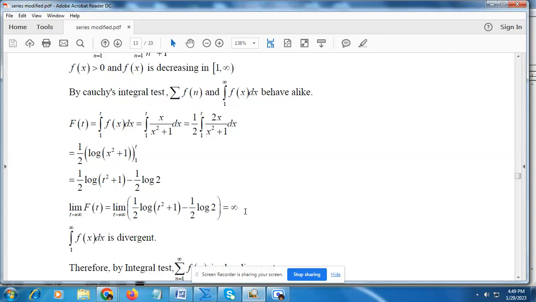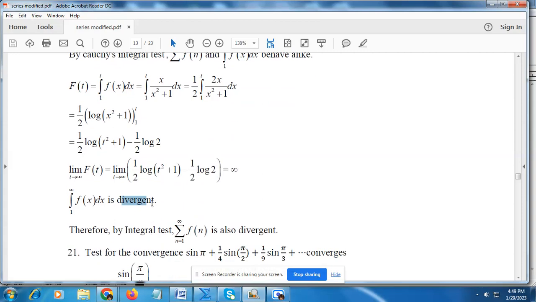So finally, the improper integral is infinite. If the improper integral is infinite, then it is divergent. So we conclude that it is divergent. If the improper integral is finite, then we say that it is convergent. If the improper integral is divergent, then we say that the given series is divergent.